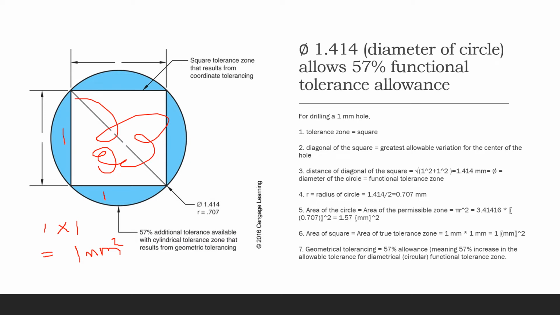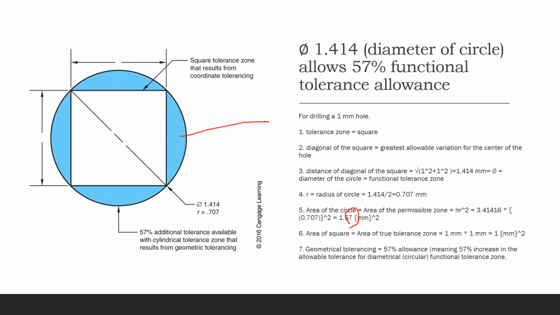Therefore, the area of this blue shaded region, the little blue area right here, is going to be 0.57. We subtract the square's area from the circle area of 1.57, so you get 0.57.